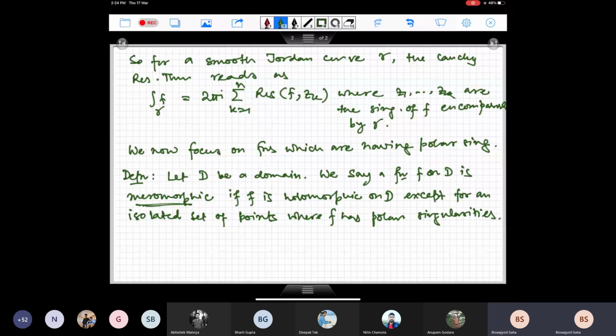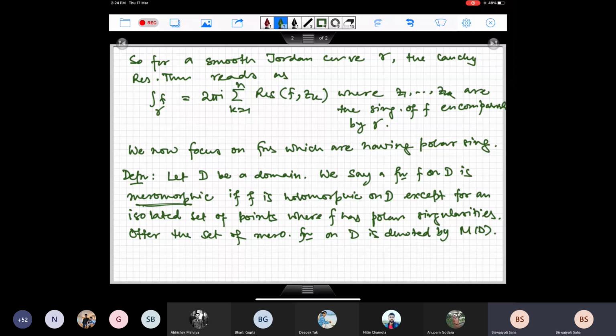Like holomorphic, here we have the notion of meromorphic, and the set of meromorphic functions on D is denoted by M(D), like holomorphic was denoted by H(D).